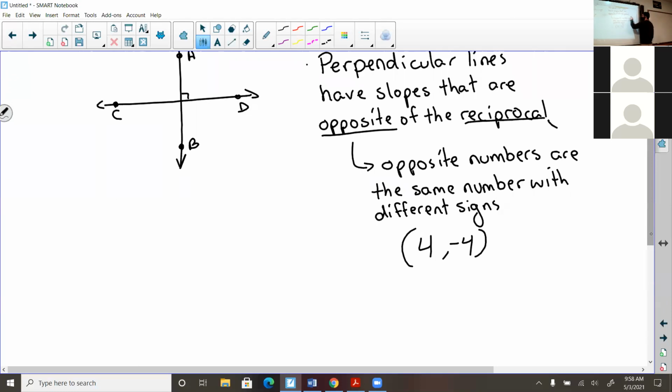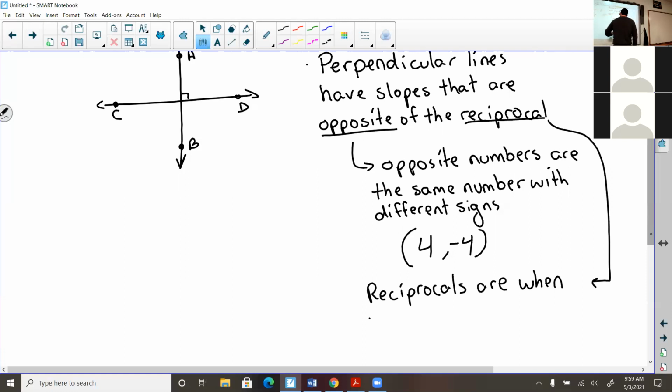Now the reciprocal. A reciprocal of a fraction is when you flip it, so the numerator becomes the denominator and the denominator becomes the numerator. So reciprocals are when we flip our fraction.